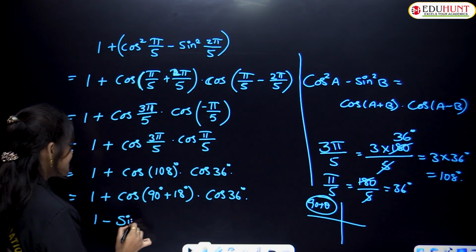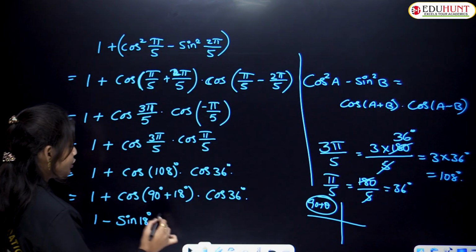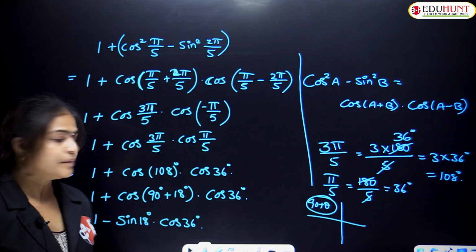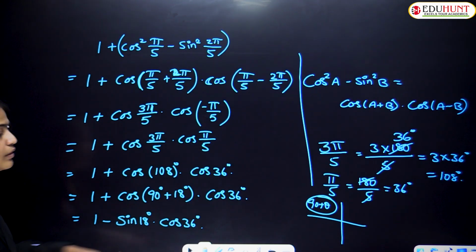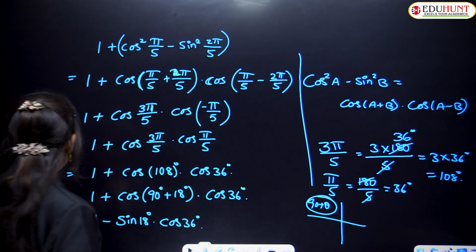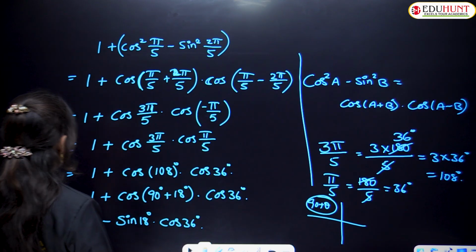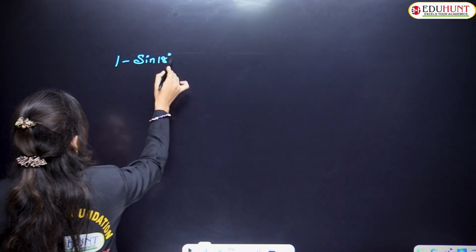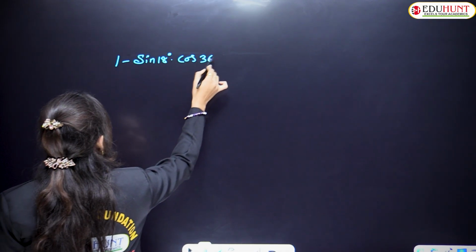So minus sin 18 degrees into cos 36 degrees. Clear? Here onwards you have to substitute the values. So 1 minus sin 18 degrees into cos 36 degrees.